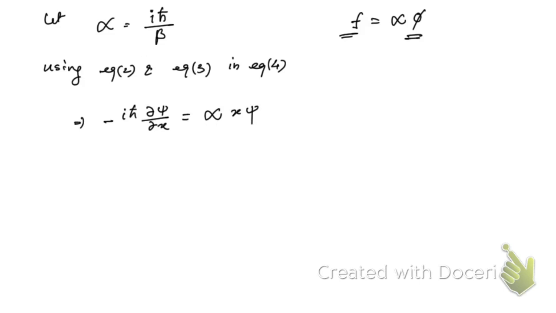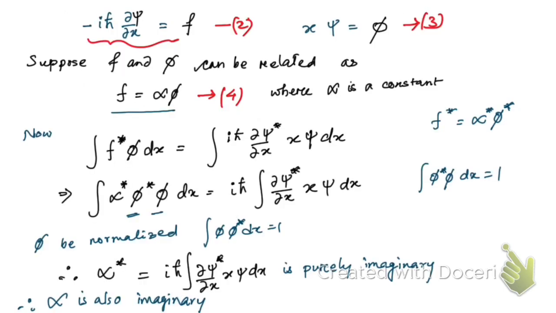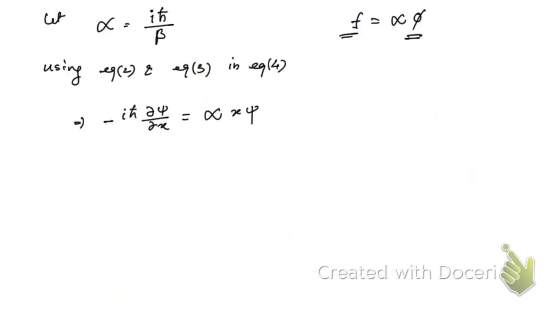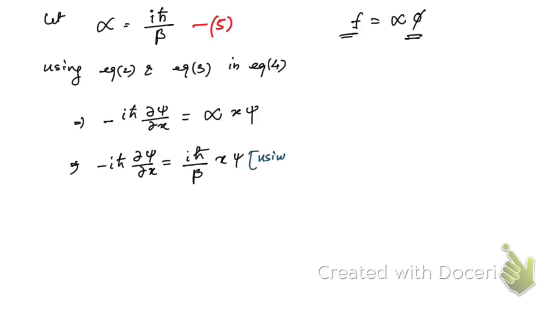Let me take this as equation number 5. So minus i h cut del psi by del x is equal to i h cut by beta x psi, using equation number 5.